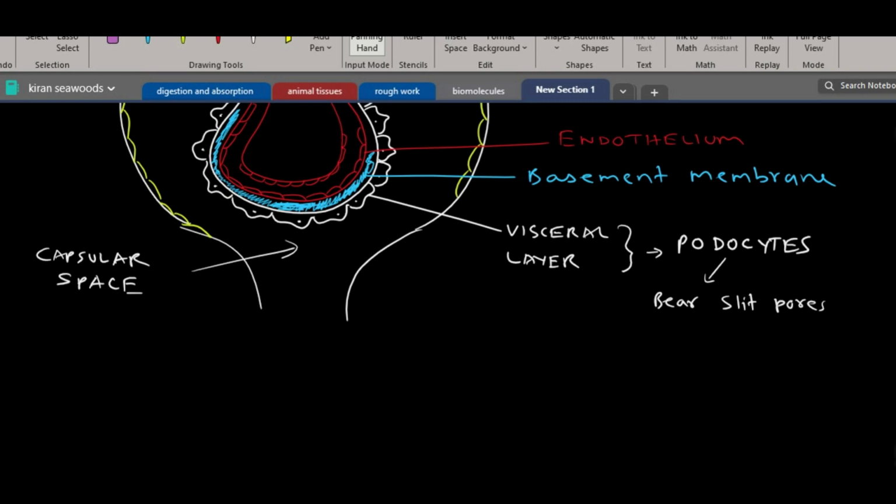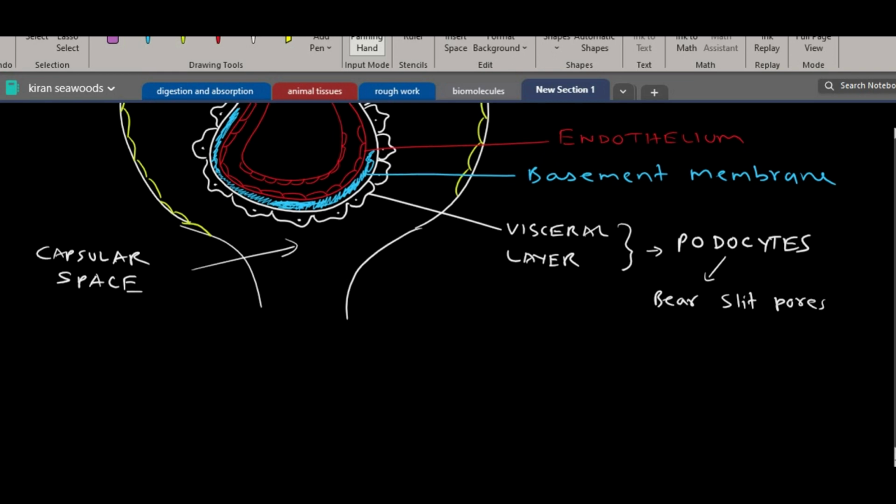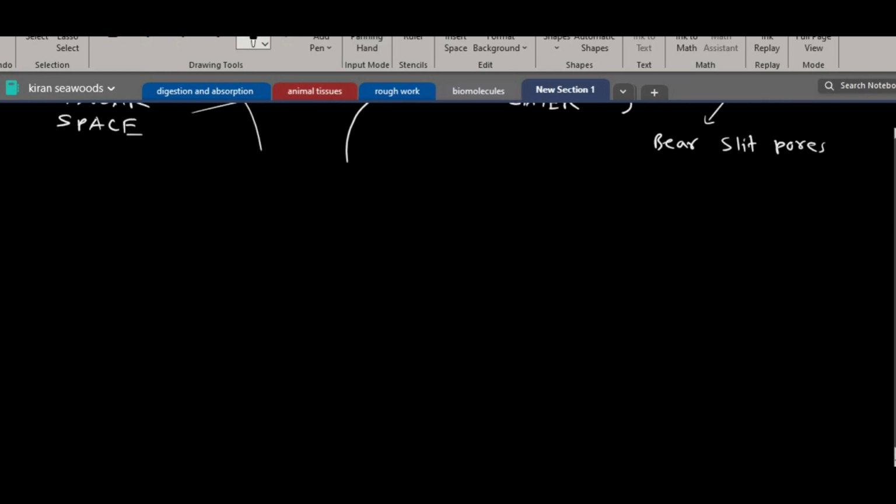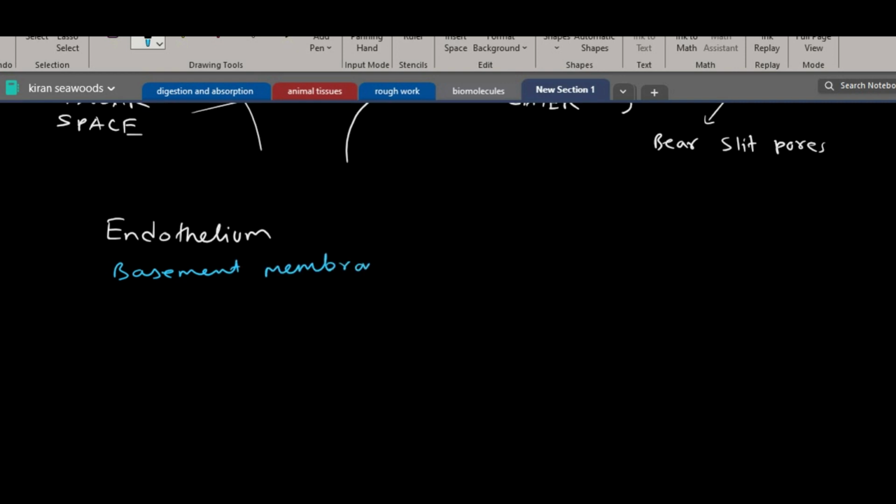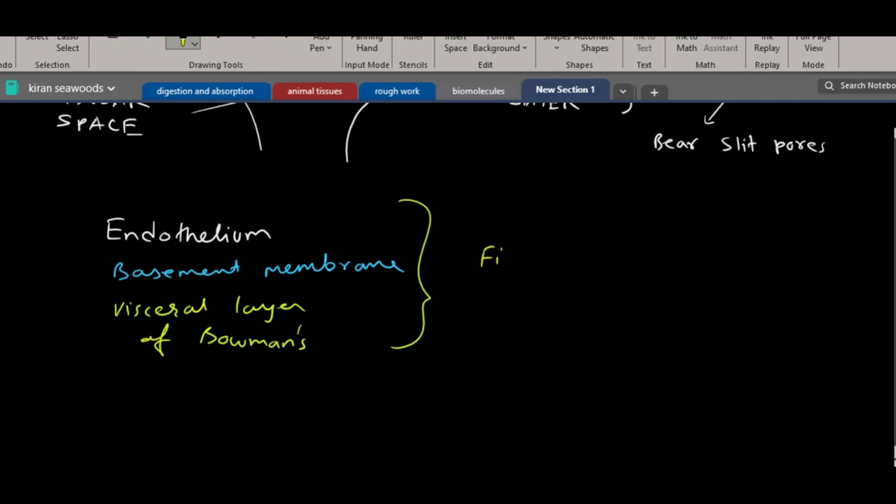that these three layers, that is endothelium of blood capillary, basement membrane, and visceral layer of Bowman's, altogether form the filtration membrane.